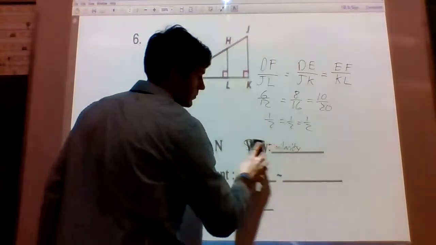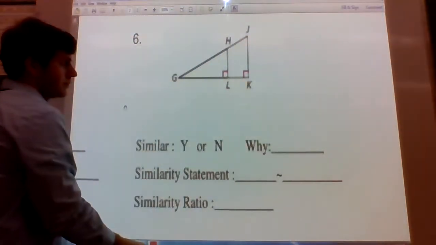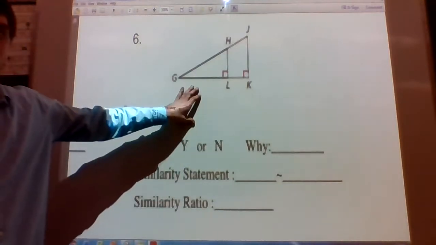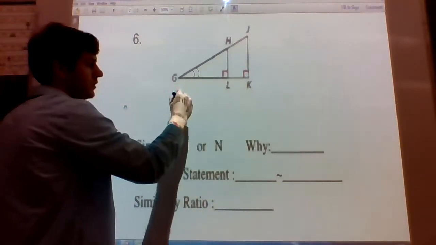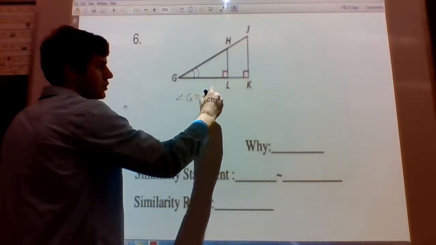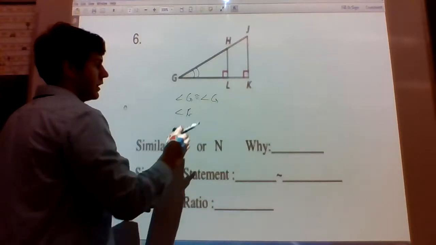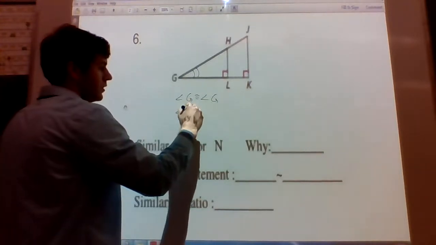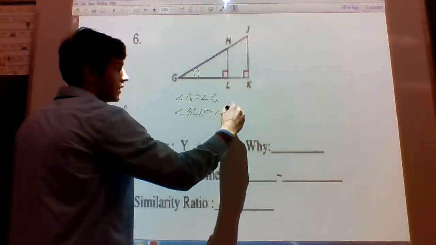So I'm going to try to pick up the pace a little. We have 2 triangles. They share angle G, so we know angle G is congruent to angle G. And we know angle LHG is congruent to angle GKJ.